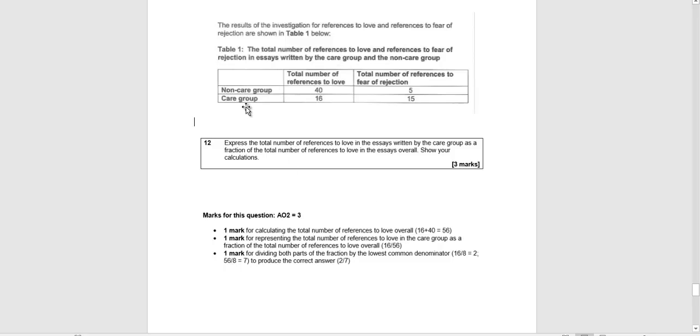Secondly, they will most likely just want to take a section, a segment of one of these columns, for you to do some calculation with. So be very careful. Make sure you read the question very carefully to see what they're after. So here they want the total number of references to love in the care group as a fraction over references to love overall.